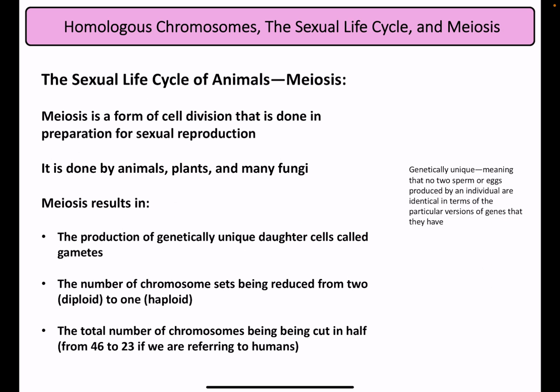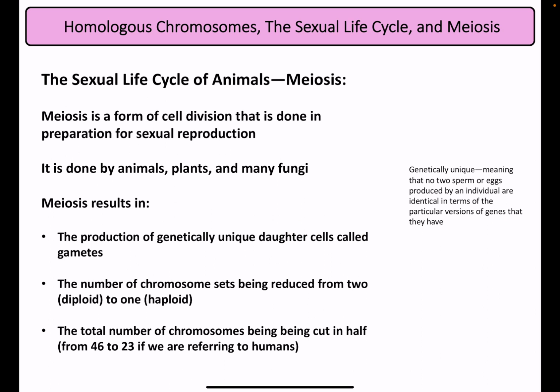Each one to have different random combinations of alleles. That's very different from mitosis, because in mitosis, we wanted the daughter cells to be identical to the parent cell. That is not the case here at all. So that's a good thing. We want to shuffle up our genes. We want to shuffle up the alleles and produce different combinations.